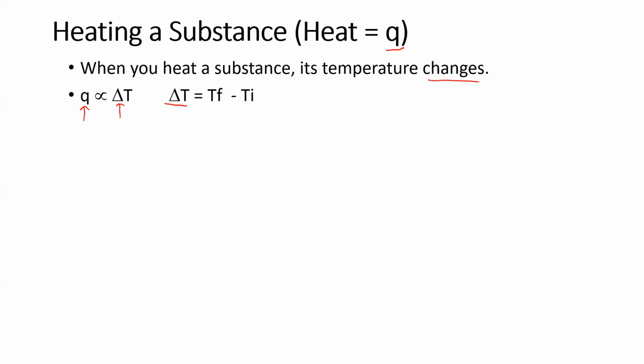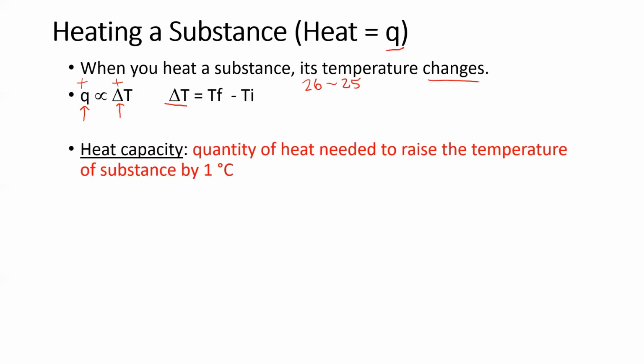So when I boil water, I put heat into it and the temperature goes up. So I notice that the delta T is going to be positive and the heat is going to be positive because it's gaining heat. The water is gaining heat, so its temperature goes up. Let's say, I'll use the example, it started at 25 and now it goes up to 26.